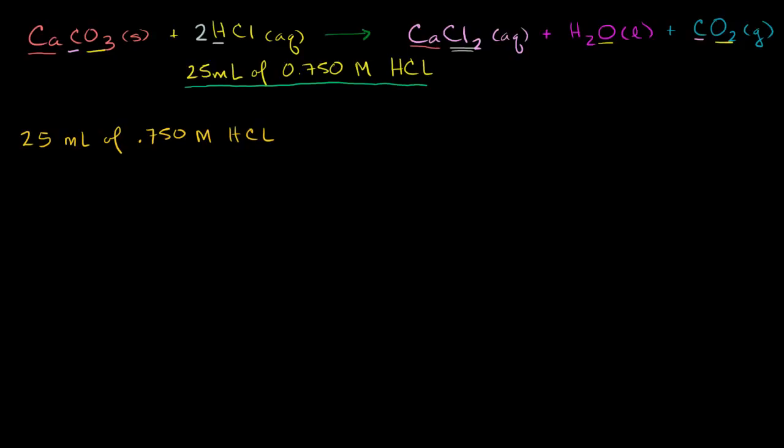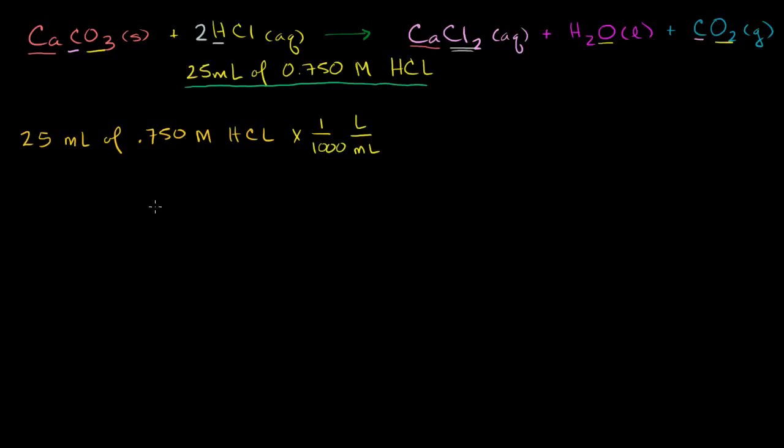The first thing we need to think about is that molarity is always expressed in moles per liter. This is expressed in milliliters right now, so I want to get rid of the milliliters. I want it to be in liters. So I want to multiply it by liters per milliliter. And we know we have 1 liter per 1,000 milliliters, or 1/1000th of a liter per milliliter, however you want to view it. That's going to cancel out the milliliters.